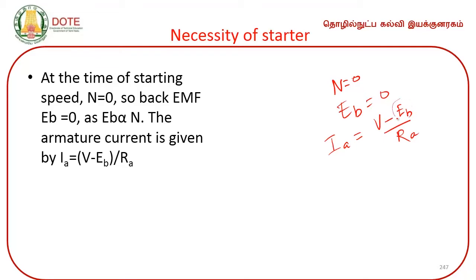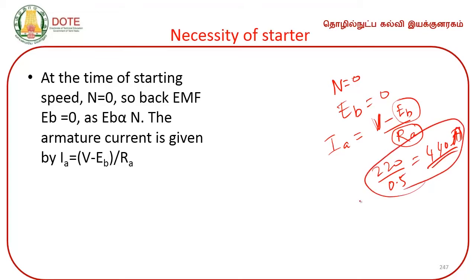So, if E_b is 0, since R_a is very less, in the order of 0.5 or 0.8 ohms, and V is, say for example, 220 volts, then 220 by 0.5 will yield you 440 amperes, which is much higher. So, we cannot afford to start a motor like this.